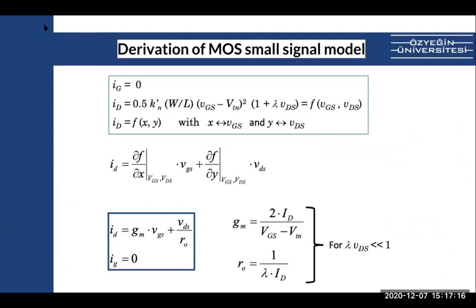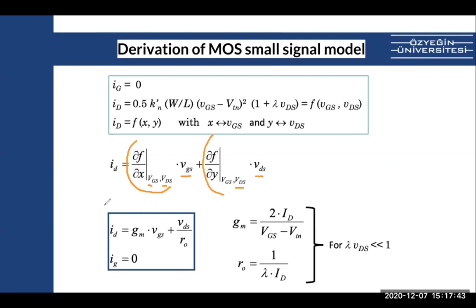Going back to the slides, now to create the small signal, you take the derivative of the current with respect to whatever is changing the current. So VGS, VDS. That means you have to take the partial derivative. You take the derivative with respect to VGS times small signal VGS, and the derivative with respect to VDS times small signal VDS.